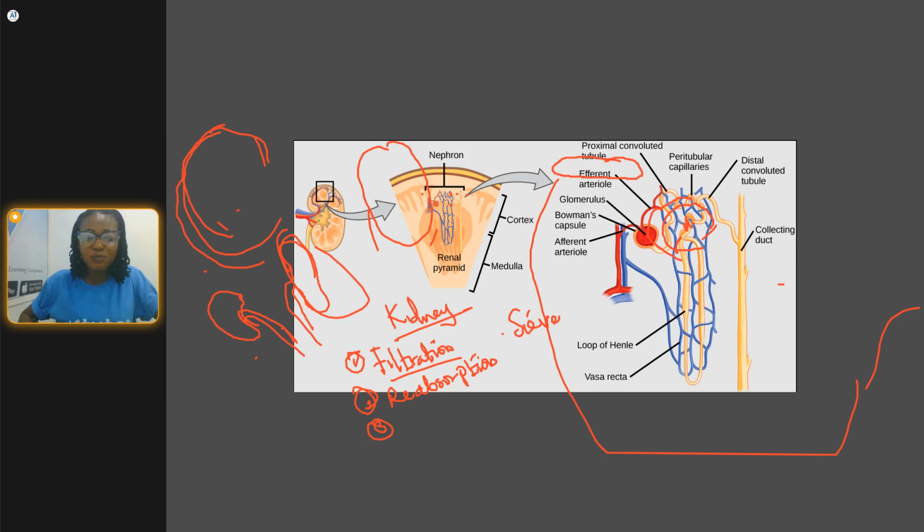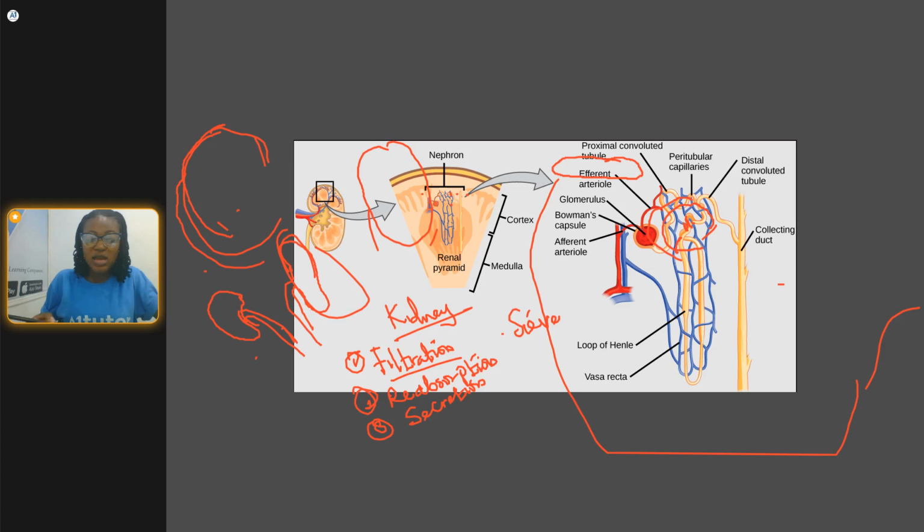The number three, or C, is secretion. Here, the additional waste and excess ions are secreted into the urine. The collecting duct helps to bring it down from the kidney to the bladder, and then it is eliminated through the urethra.